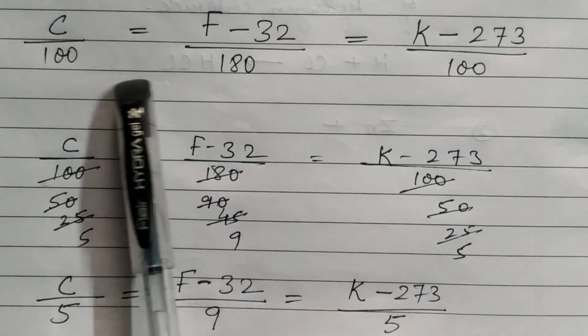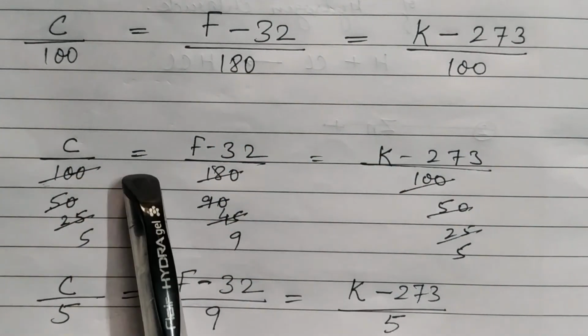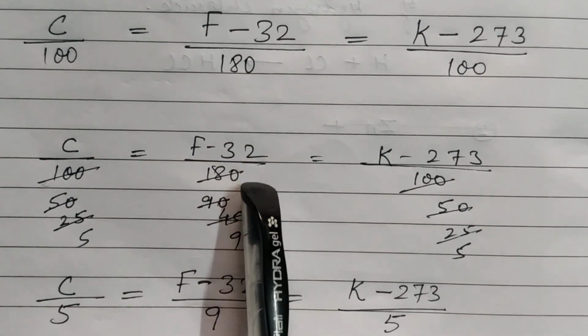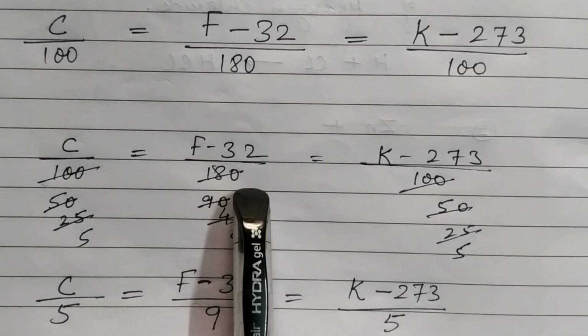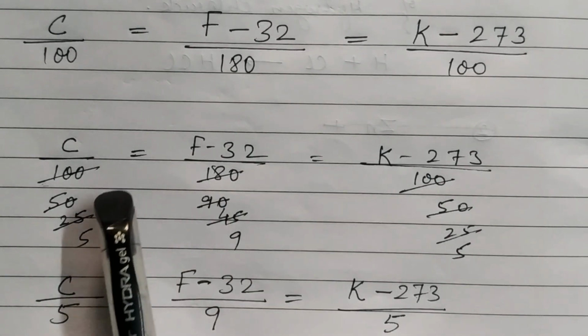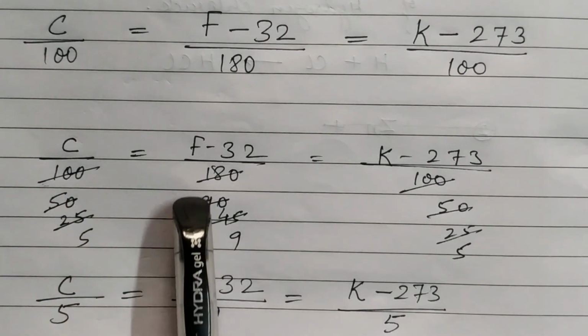Now this formula is simplified again. C upon 100 equals (F minus 32) upon 180. Here we divide 100 and 180. Dividing by 2, 2 5s are 10 and 0, 2 9s are 18 and 0.